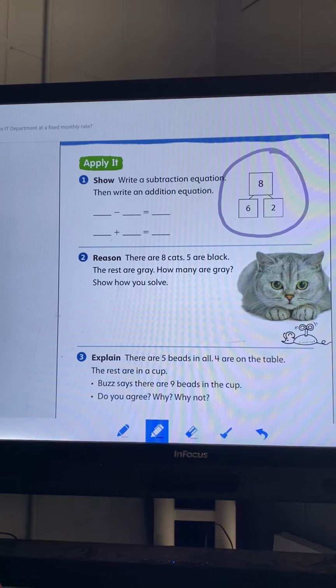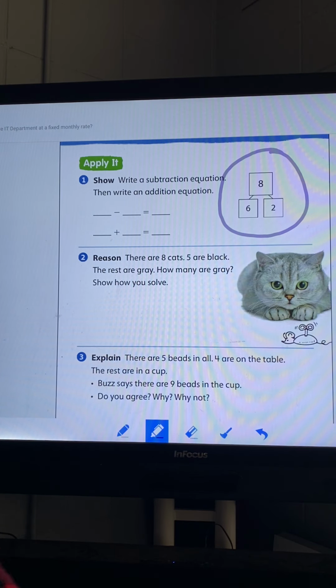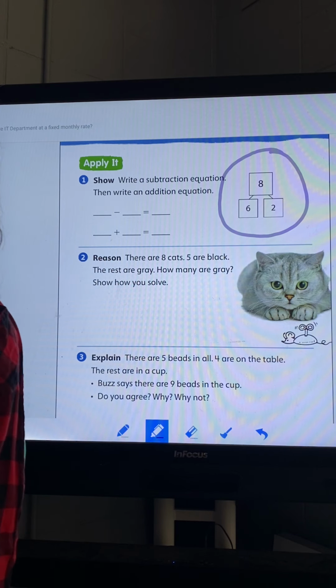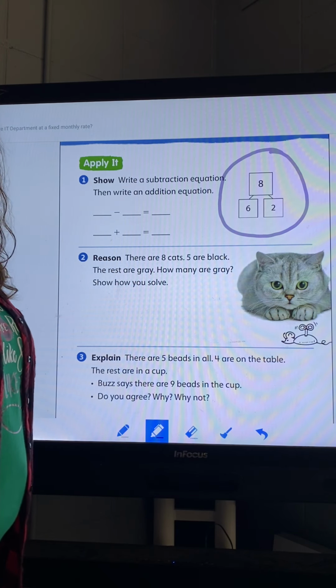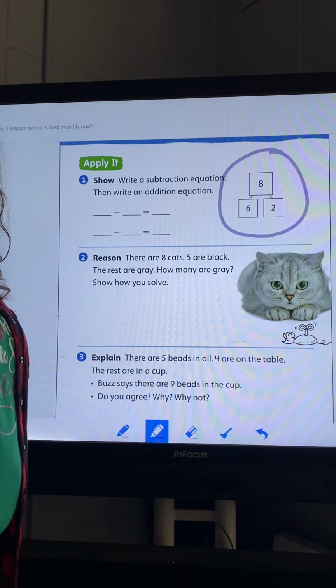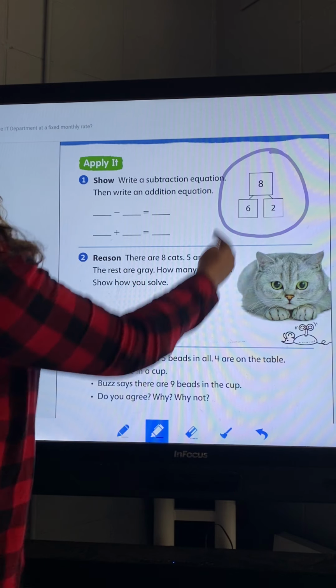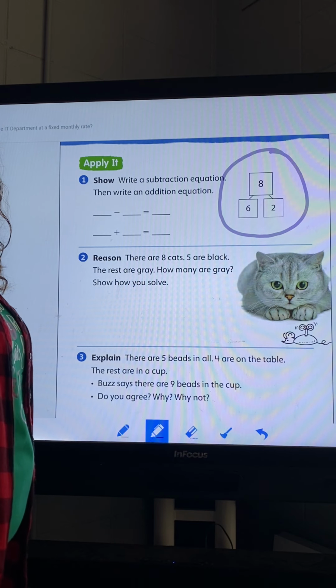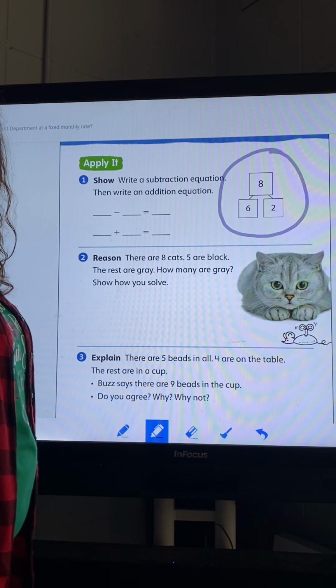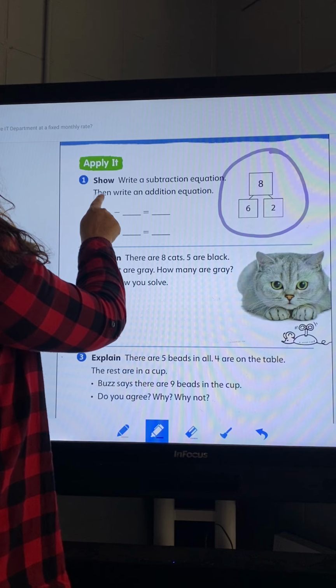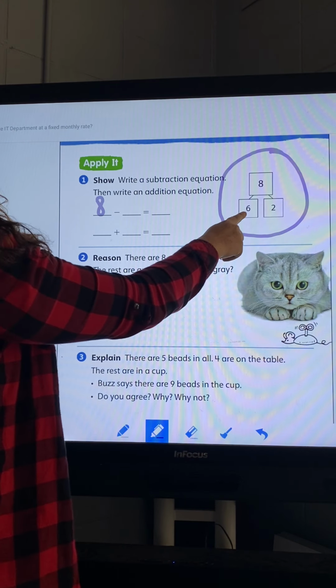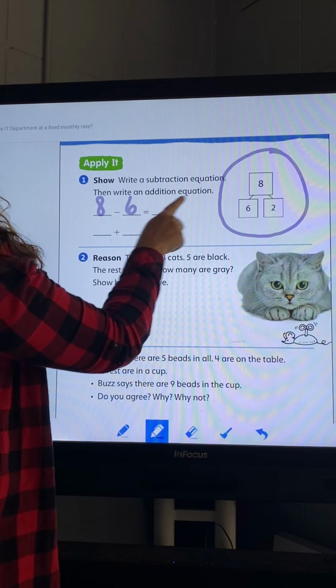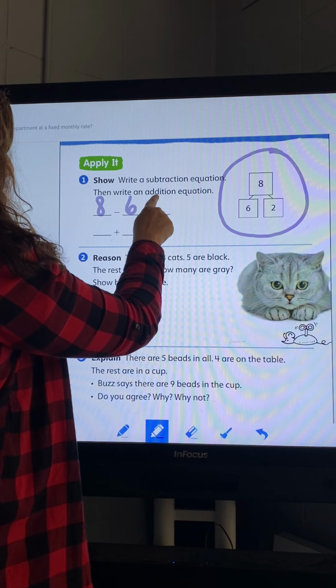Okay. So they want us to write a subtraction equation and an addition equation. Well, I just told you the answers, didn't I? Can you remember what I said? I said this minus this equals this. So what are we going to put there? Yeah, what I just said, right? We're going to put 8 minus 6 equals 2.